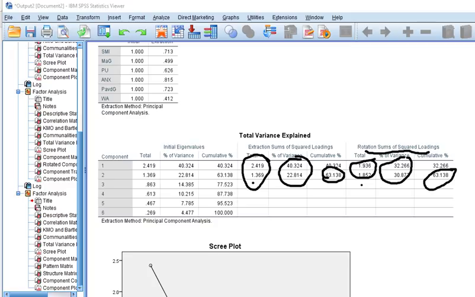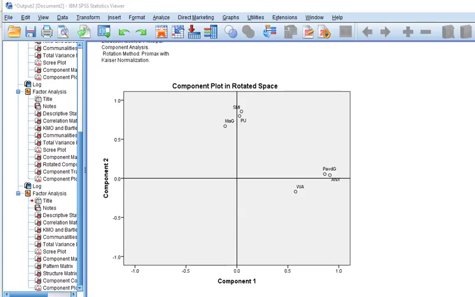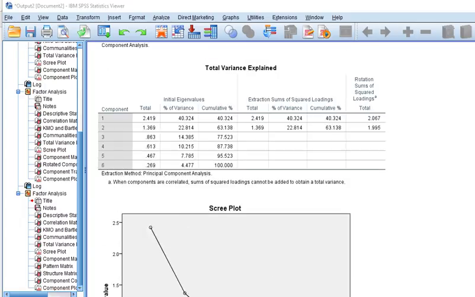When we look down below, following Promax rotation, you can see that we have the eigenvalues for the rotated components, but there's no percentage of variance accounted for by each of them. That's because we have correlated components, so they share variation with each other, and we can't treat it as additive like we did prior to rotation.